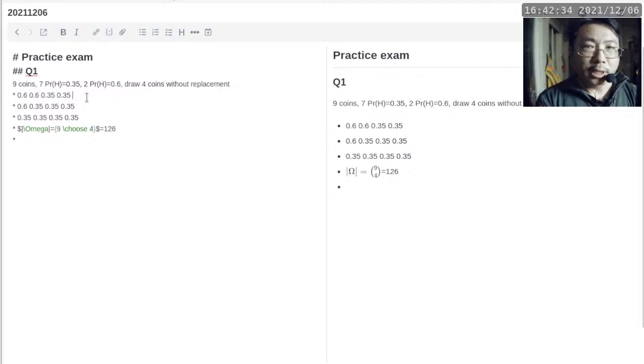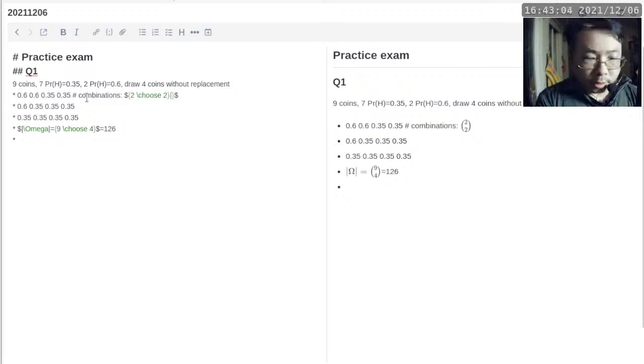Alright, so I'm just going to say here, the number of combinations in this case is 2 combinations. The first one is 2 choose 2 because we have 2 of the kind that has a probability of landing on the head of 0.6, and then for the other one it's going to be 7 choose 2.